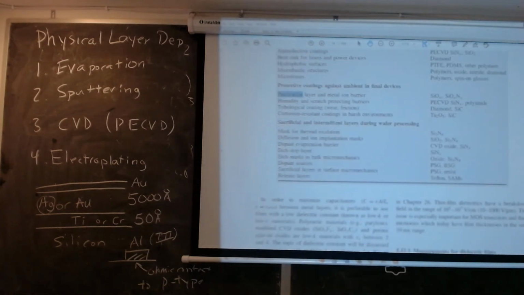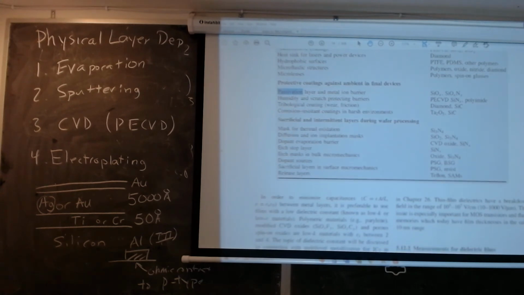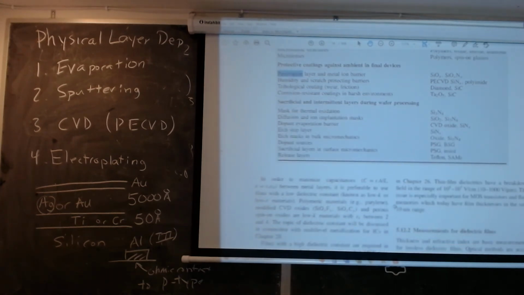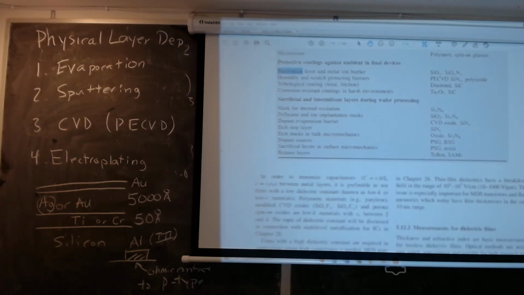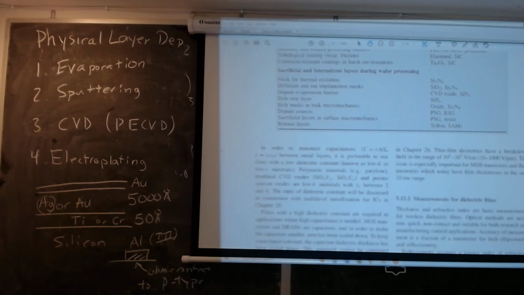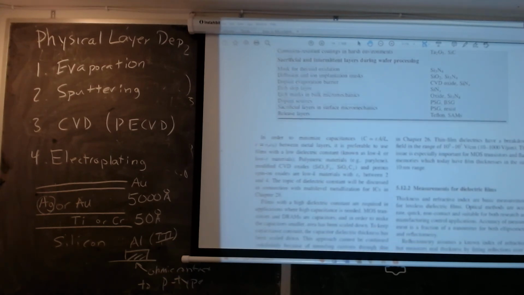Again, we're touching on semiconductor physics. You can make capacitors with dielectrics between; you can make a capacitor on an integrated circuit. Honestly, I've used silicon monoxide for that, and it works very well.